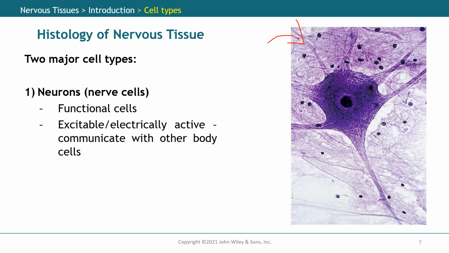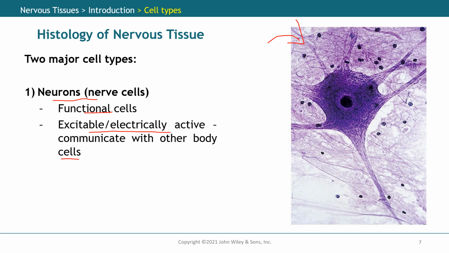Of course, neurons are very important, and they are the functional cells, but they are electrically excitable, so they will be sending signals based on changing ions along the membrane. But they are not the only type of cell.